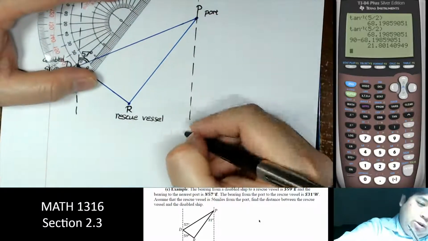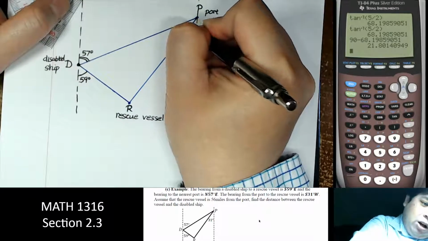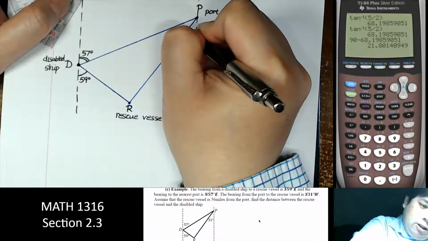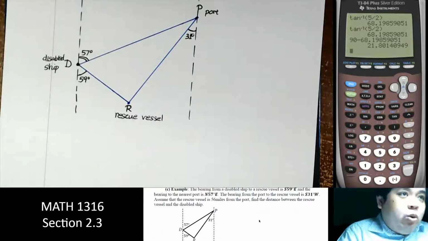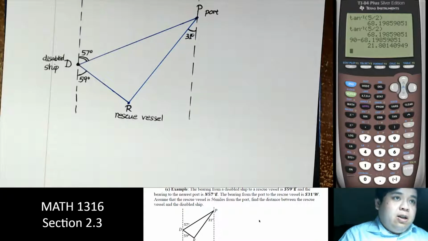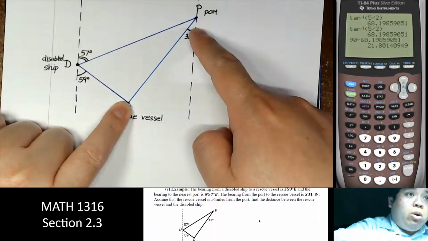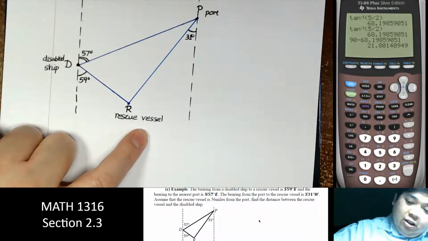So we go from the south and 31 degrees on the west side. Assume that the rescue vessel is 56 miles from the port. So rescue vessel to the port is 56 miles.